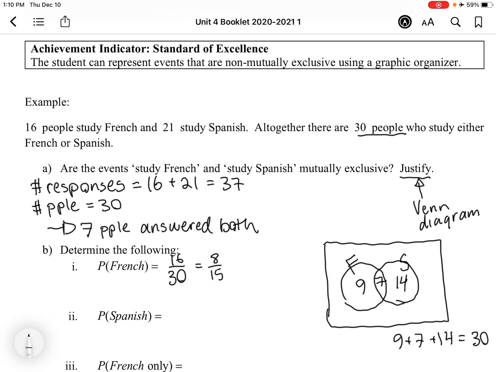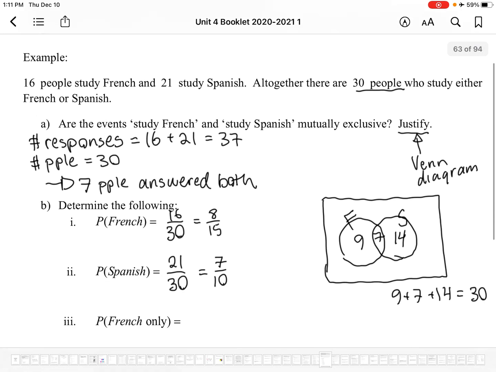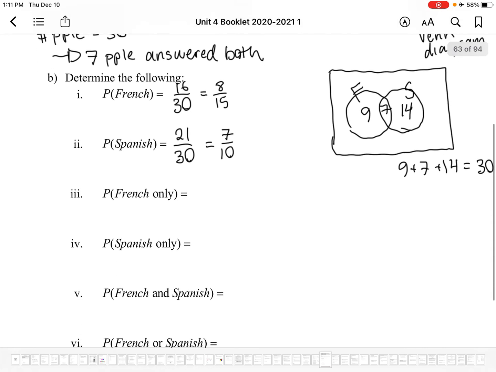What's the probability that someone studies Spanish? Well, that's 21 over 30 because 21 people study Spanish. And you could reduce that to 7 over 10. And again, if you wanted to answer these as decimals, that would be okay too.